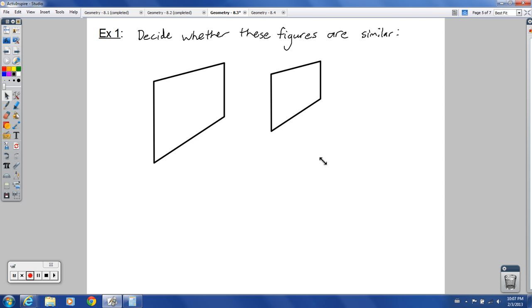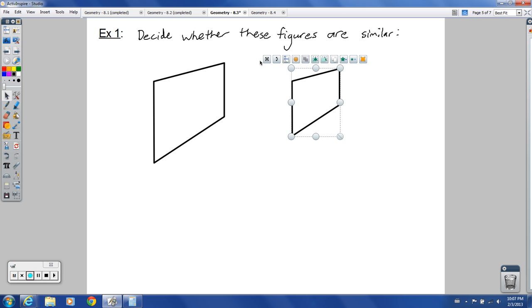Even though it looks like one is just a bigger, blown-up version of the other, we have to trust the markings and the numbers given in the picture. Yes, they look similar, but just like with congruent figures, just because they look similar doesn't mean we can assume that they are.